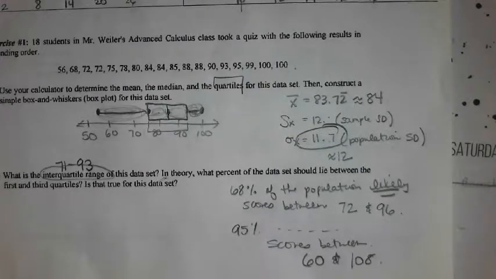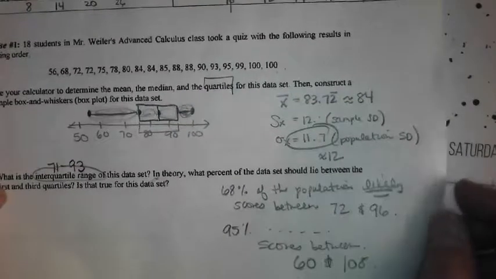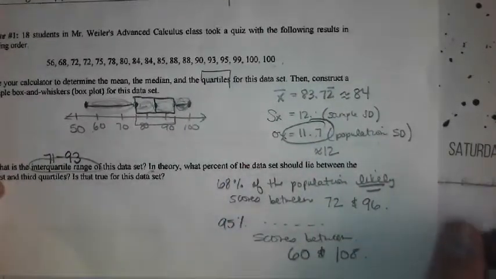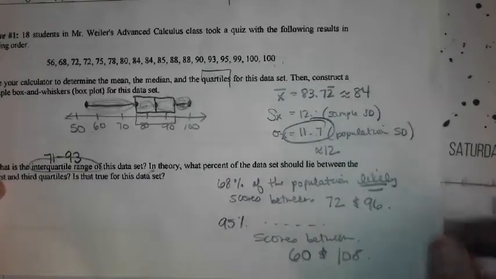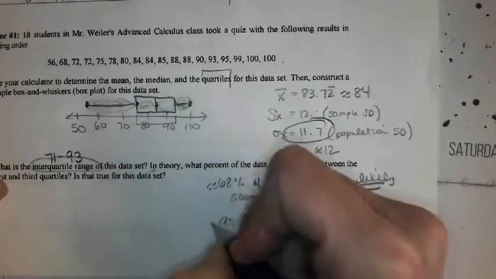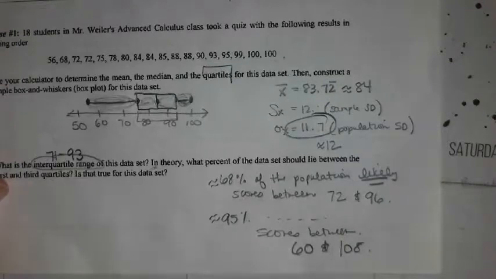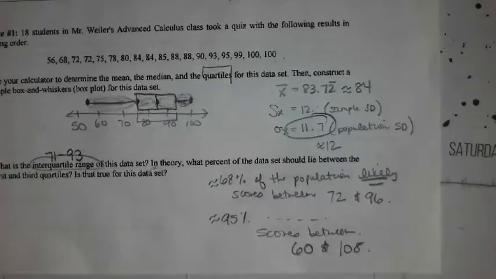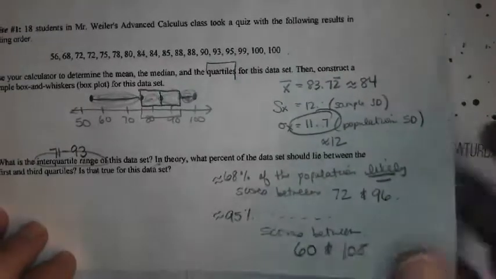Okay? So those 68%, 95% are a big takeaway. You want to make sure you don't forget those percentages. And again, you can say approximately or likely. That lack of definitive language is a good thing here.